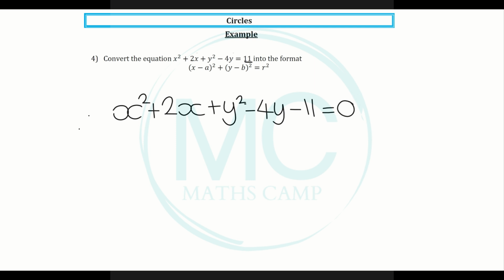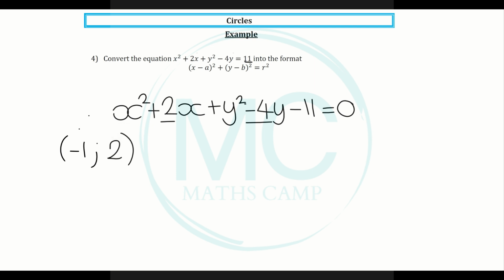Now let's find the coordinates of the center. For the x-coordinate, we look at the coefficient of x. We have 2. Divided by 2 gives us 1. Change the sign. And the center has an x-coordinate of negative 1. For the y-coordinate, I have a coefficient of negative 4. Divided by 2 gives me negative 2. Change the sign, and I get positive 2.